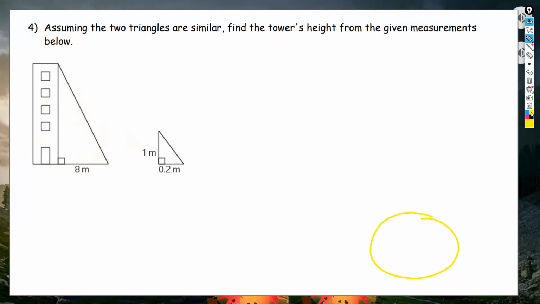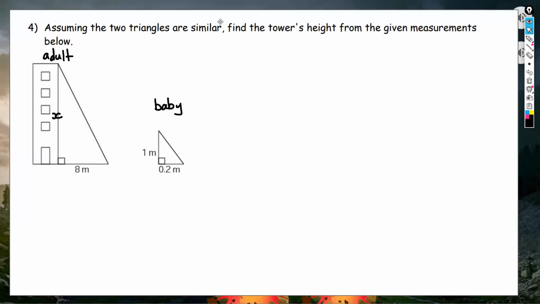You just have to ignore the building, and it's really a baby triangle on an adult triangle. So find the height of the tower, x. And that's 0.2, not 2. I think the building has just tricked a few people.